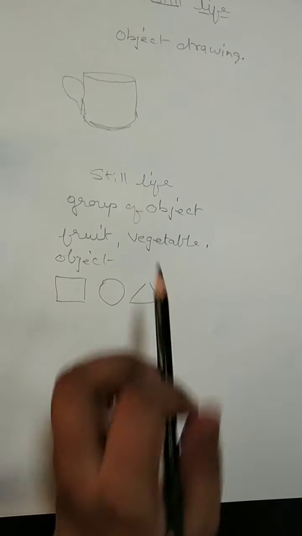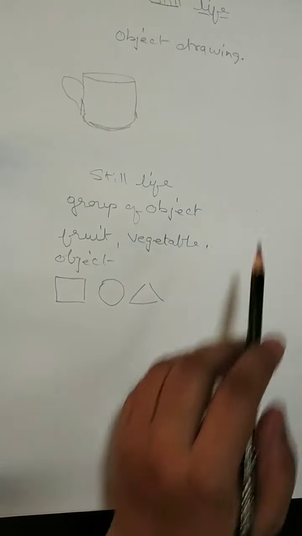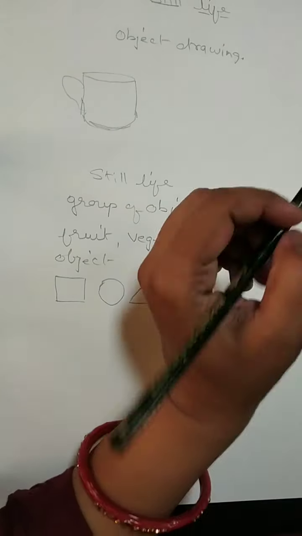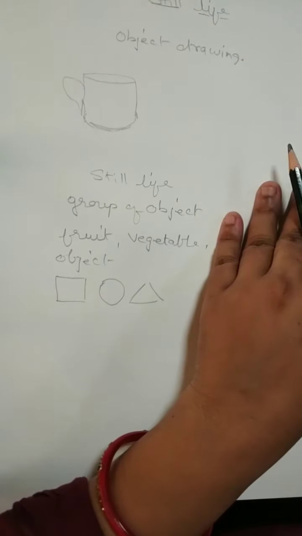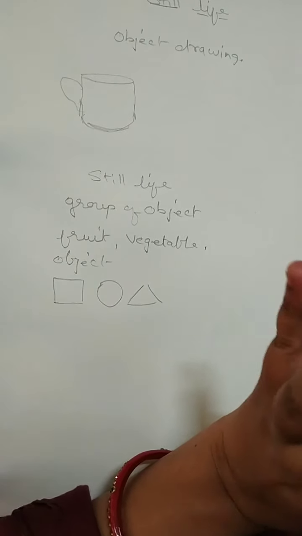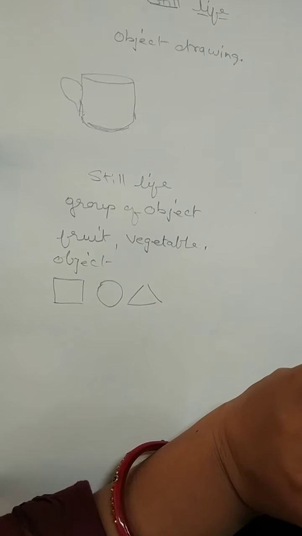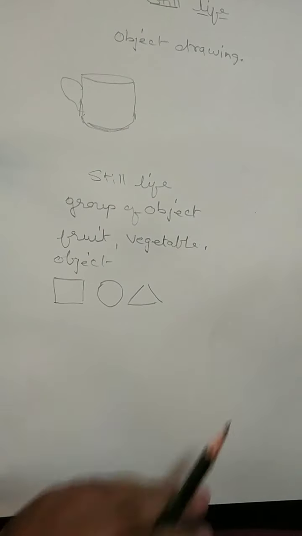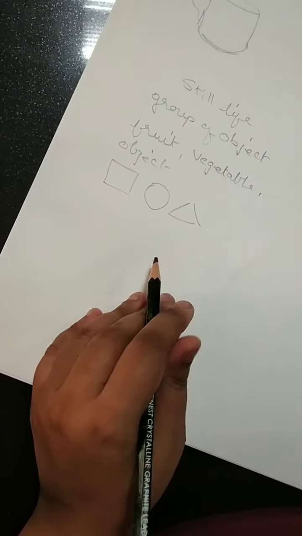So in still life we arrange all these things at one place and then we give shading. So in still life you have to make sure where light is coming from, then the still life will be completed. So here I will draw one object.